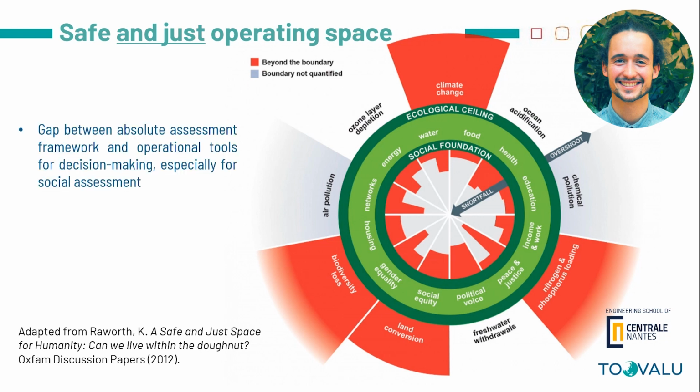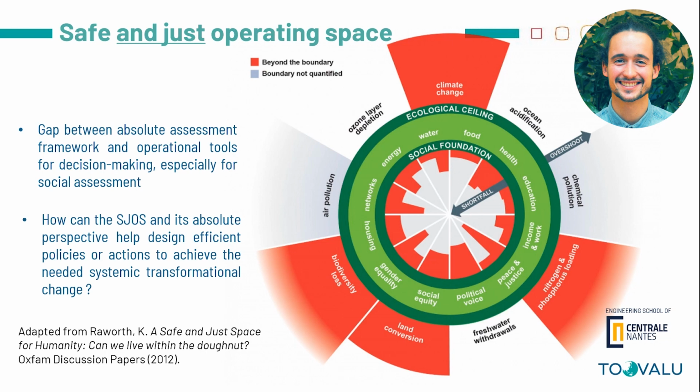So usually now there is a gap between these absolute assessment frameworks such as the planetary boundary or the donut theory framework and operational tools for decision making, for example at the national level. And here our question is how can this safe and just operating space donut theory framework be used to help design efficient policies or actions to achieve this transformational change.